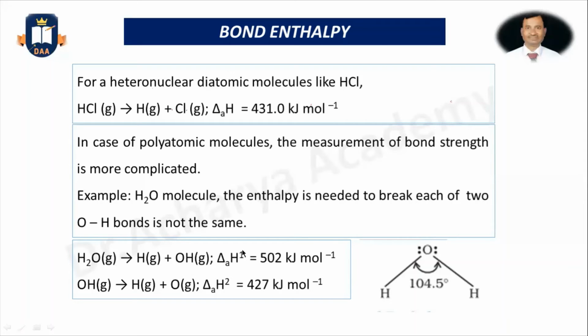Superscript 1 means breaking the first hydrogen atom. And again, OH in gaseous form needs to break into a hydrogen atom in gaseous form and an oxygen atom in gaseous form.